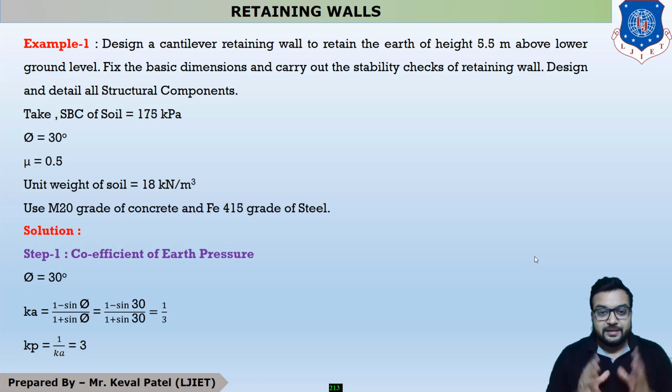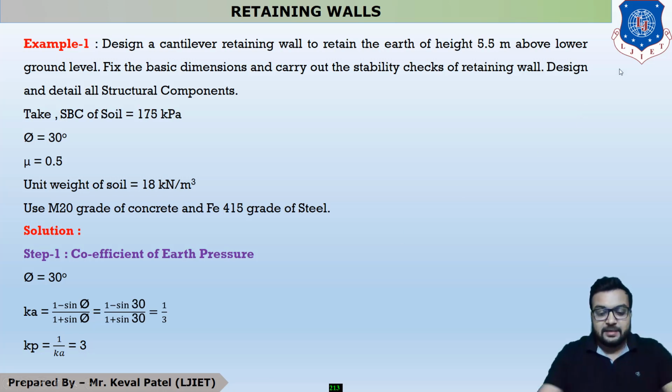So students, there are two types of retaining wall in our syllabus. First one is cantilever retaining wall and second one is counterfort retaining wall. So first of all, we are discussing our first type of retaining wall, which is cantilever retaining wall.